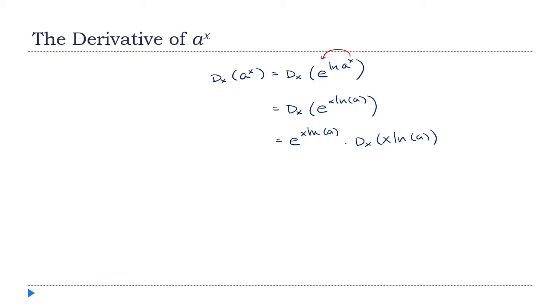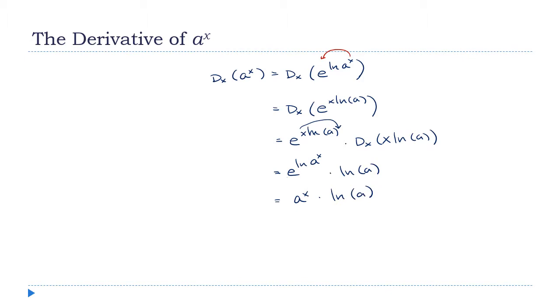Now I'm going to bring that x and put it back where it came from, inside there. So this is e to the ln a to the x times the derivative of x times the ln of a. Well, the derivative of x is 1, and the ln of a is just a constant. Now I'm going to put this back. E to the natural log of a to the x is a to the x times the log of a. And that's it, there's my derivative.